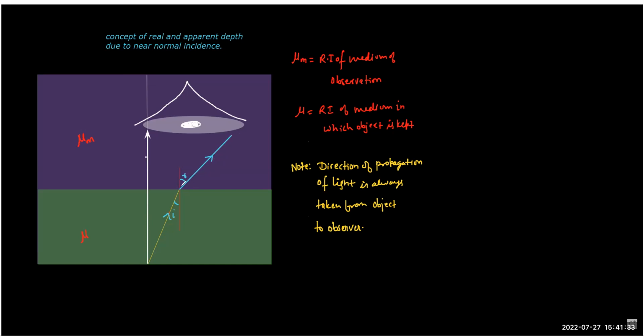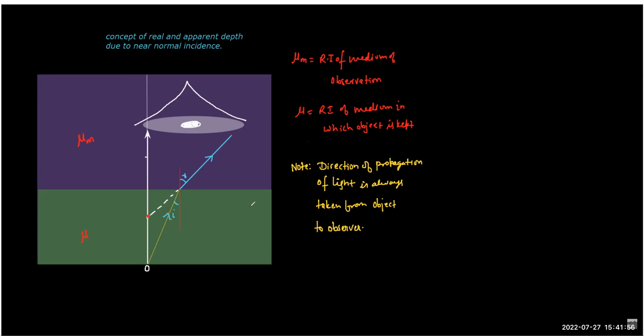So when the observer will try to retrace the path, the object position is here, but the place where you, the observer, will see the object will be here, right?